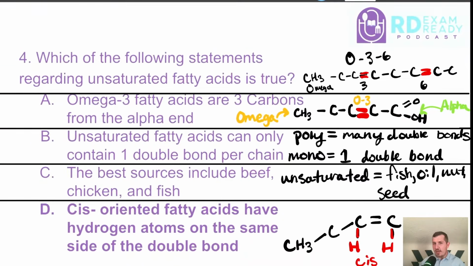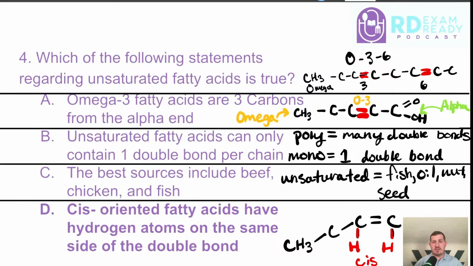Let's continue talking about these answers a little bit, and then I can come back to any questions that pop up. Unsaturated fatty acids can only contain one double bond per chain. That's a false statement, right, folks? We know that poly would mean many double bonds. Mono means one double bond. So, unsaturated fatty acids, this would not be a true statement. They can have many double bonds in this case.